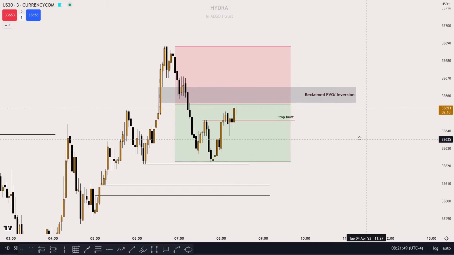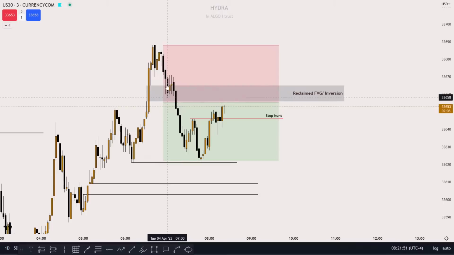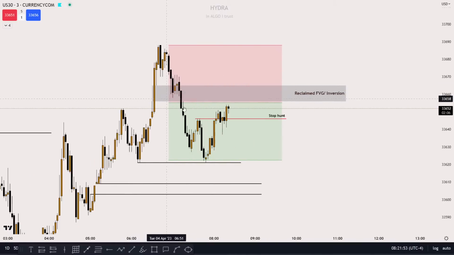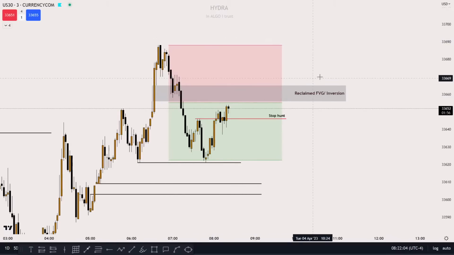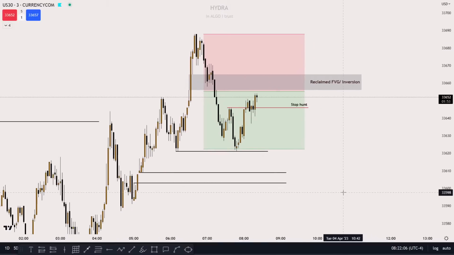I want to see price retracing from this reclaimed fair value gap, and if we are closing a candle's body above the reclaimed fair value gap, we will hunt the buy side liquidity towards that. Okay, so that's what I'm looking at on US30.